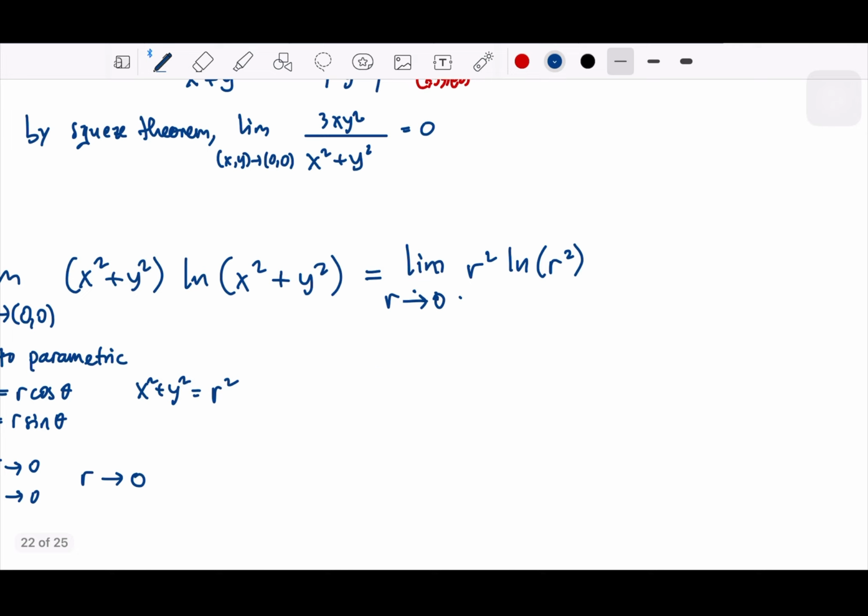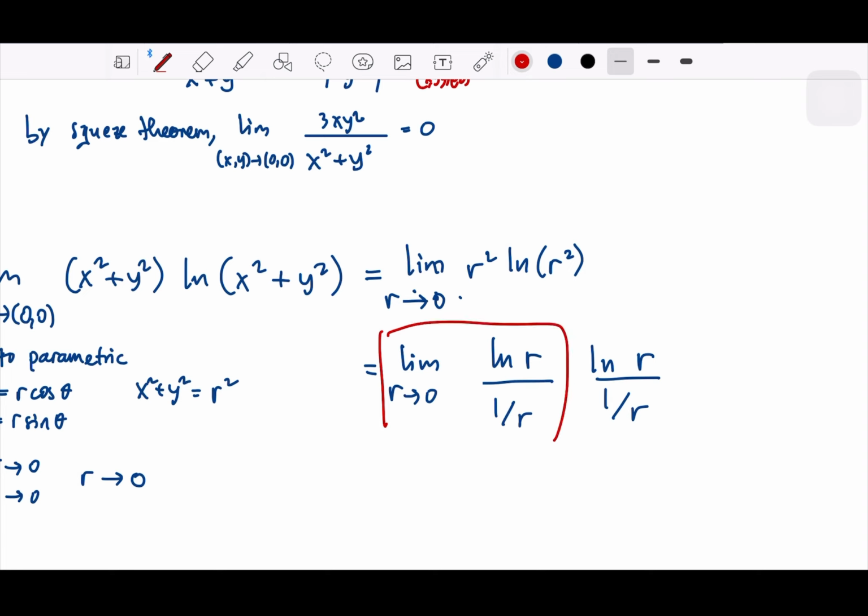Now what we can do here is set up the expression as ln r over 1 over r, like that. Since this part is already 0, we don't need to calculate the other part.